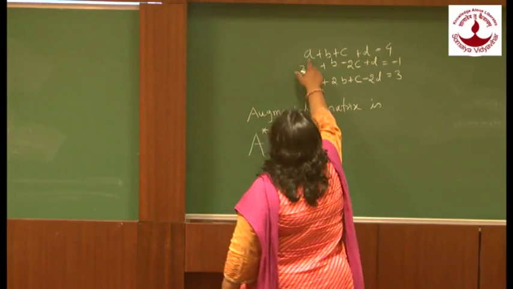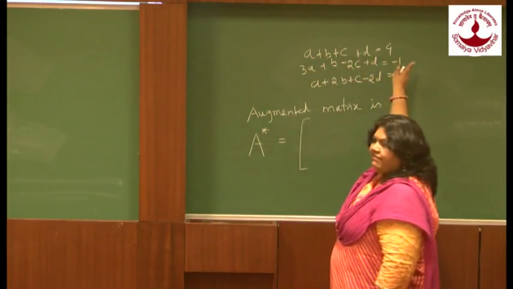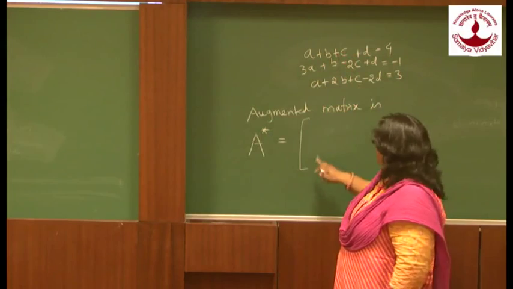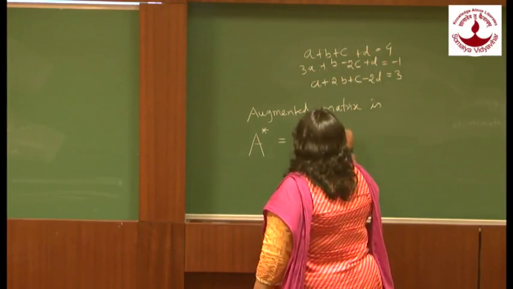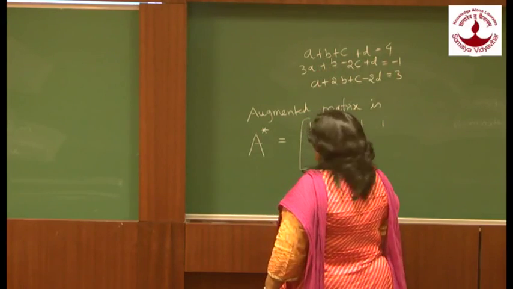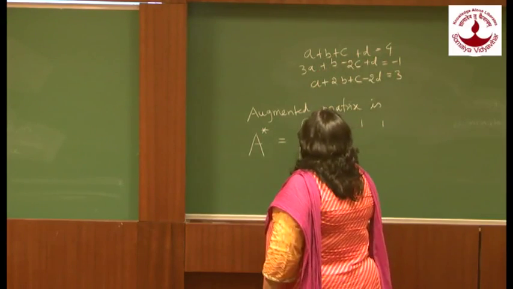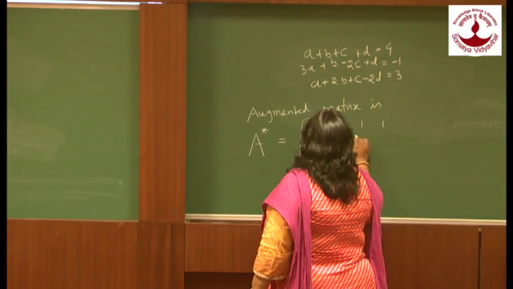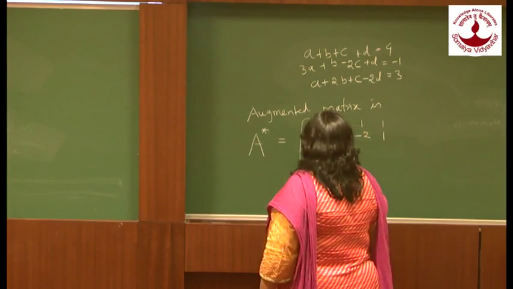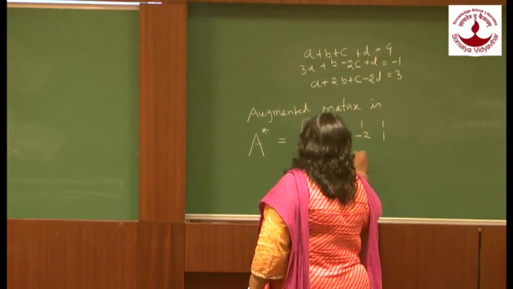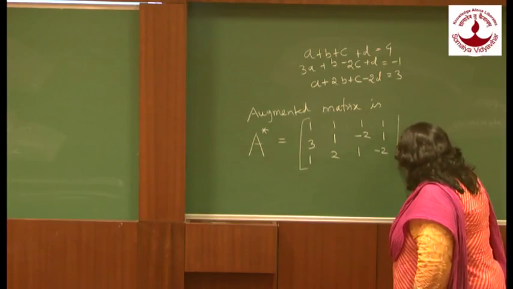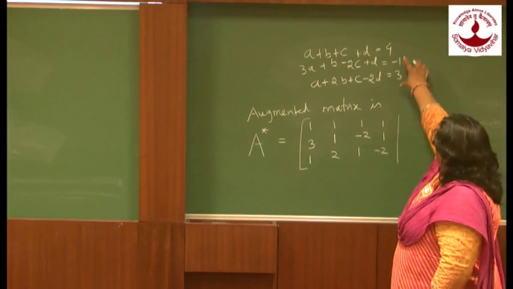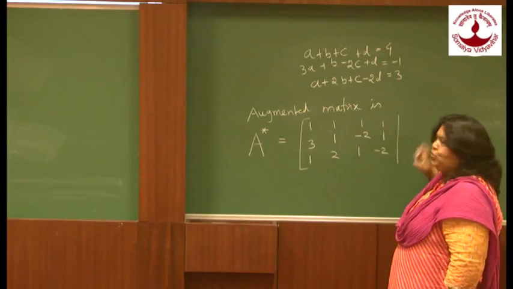We collect the coefficient of each and every variable in every equation. So the first equation has coefficients of the variables as 1, 1, 1, 1 respectively. Then in the second one, 3, 1, minus 2, 1, and in the last one, 1, 2, 1, minus 2. We don't stop there. We have this constant part also attached over here.